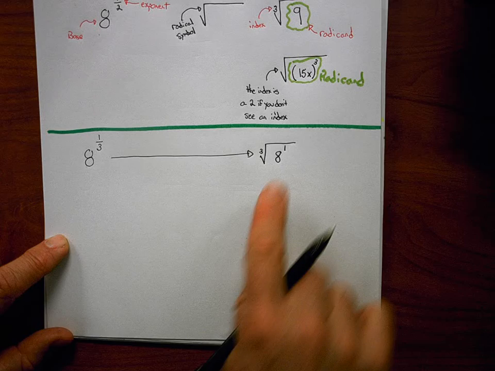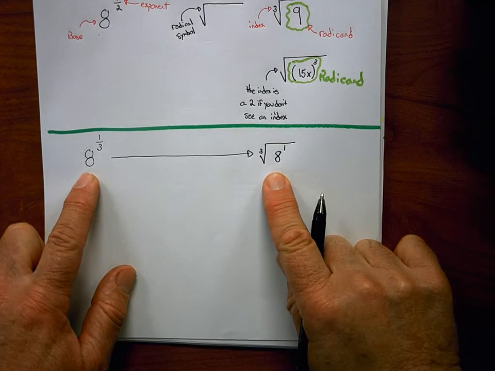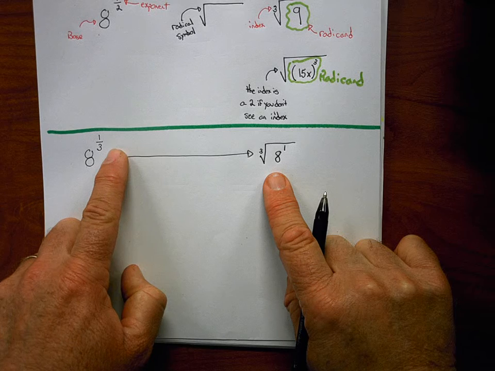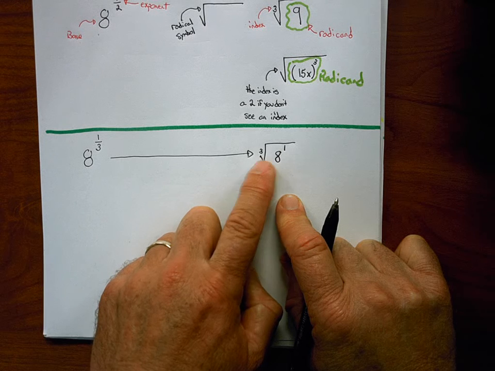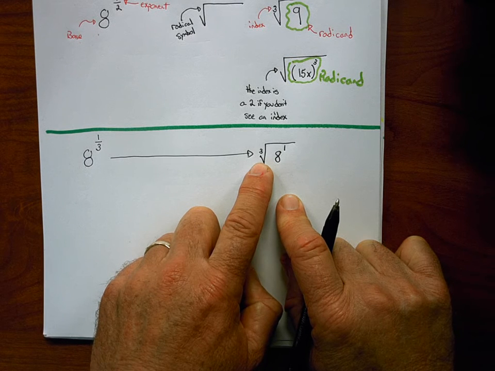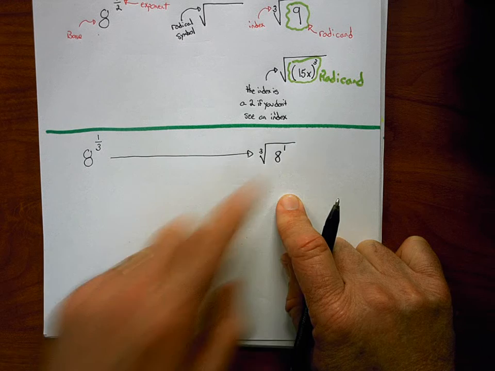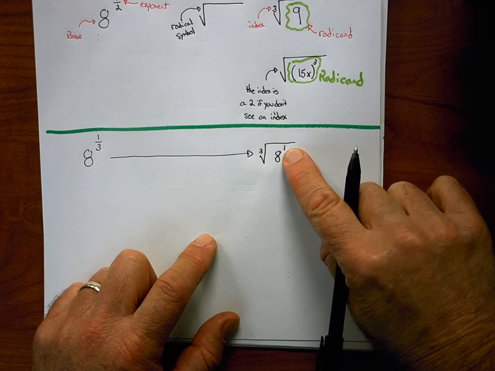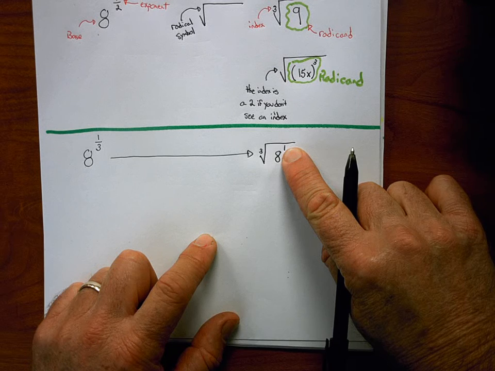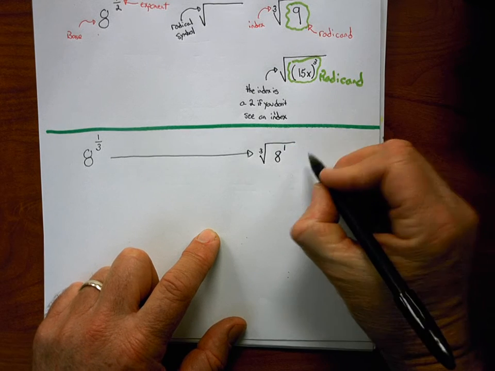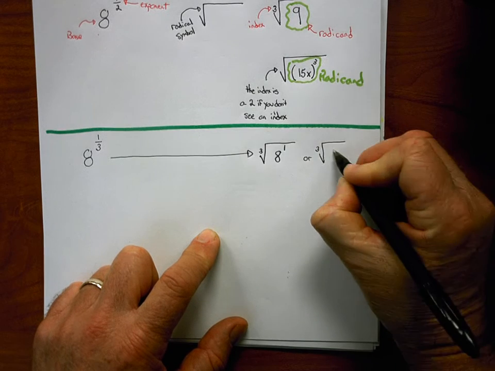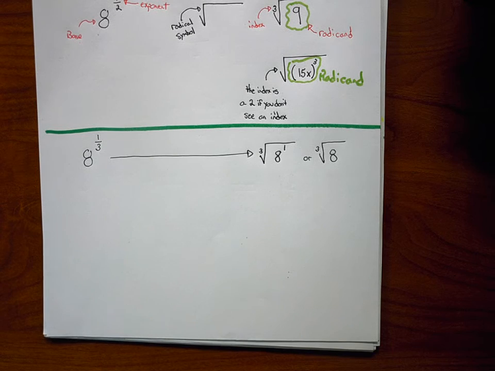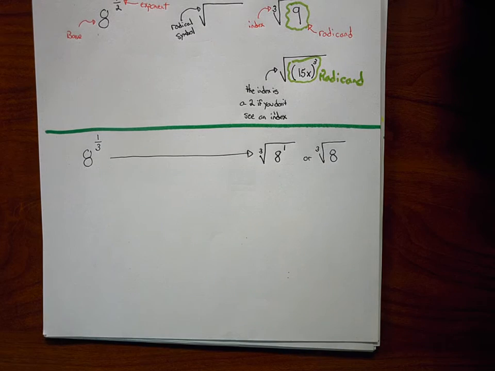So 8 to the 1/3 power is the exact same thing as the cube root of 8. Should I write this 1? It's unnecessary. So the appropriate way to write this is index of 3, radicand of 8. You don't write the 1 exponent, even though it's there.